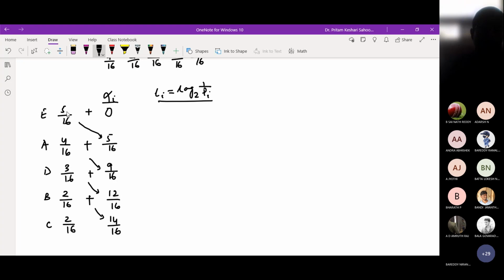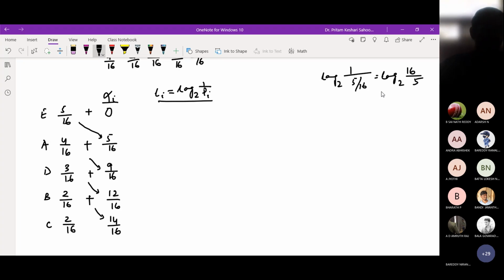So here you see the probability, 5 by 16. So log base 2 of 1 divided by the probability. The probability is 5 by 16, so that is equal to log base 2 of 16 divided by 5.